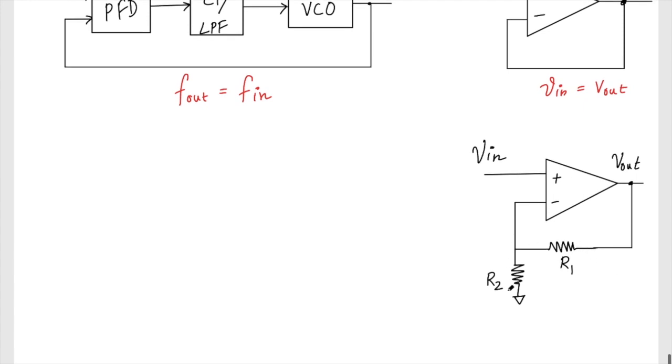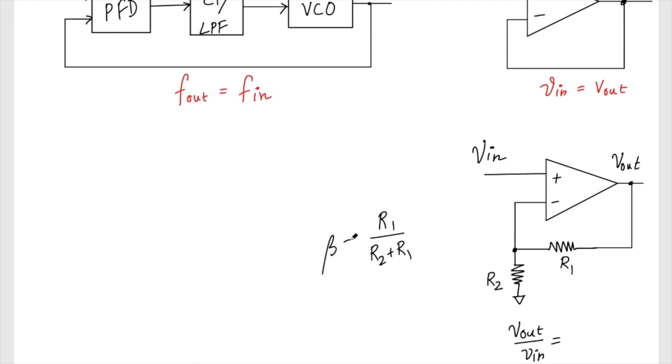If both R1 and R2 are the same, the output voltage that we are feeding back is half. The gain V out by V in is equal to 1 by the feedback factor. So what is the feedback factor here? It is the output coming back, which is R1 by R2 plus R1.